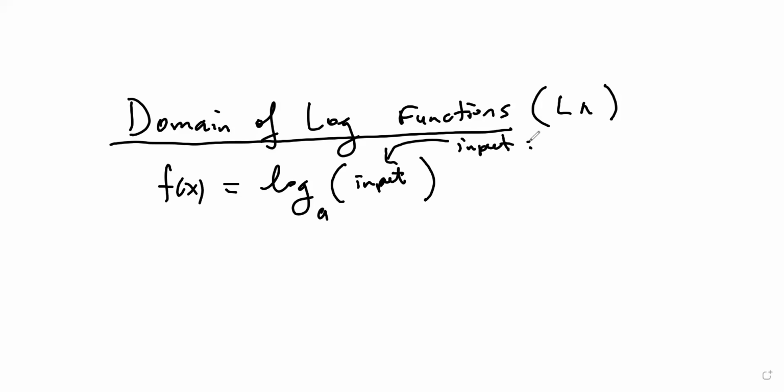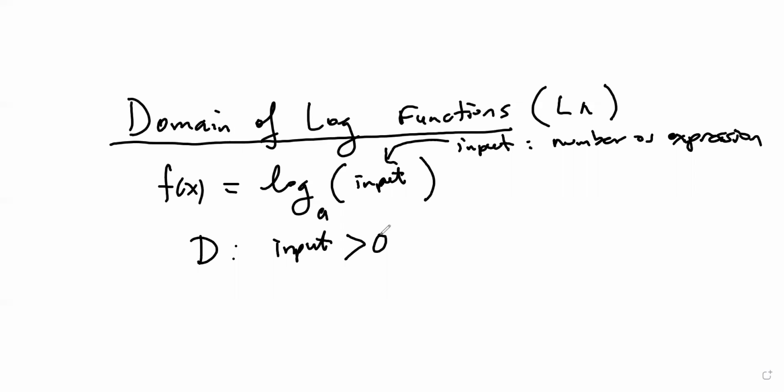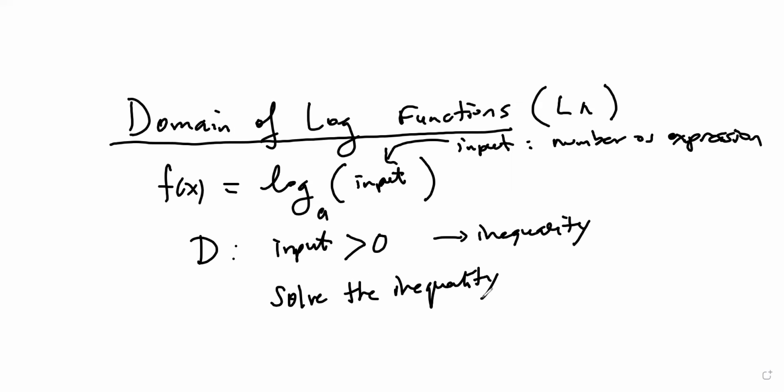To find the domain, the restriction that we have for the ln function is that the input must be strictly bigger than 0. This is an inequality, so you have to solve it. The next step is to solve the inequality and find the restriction on the variable.